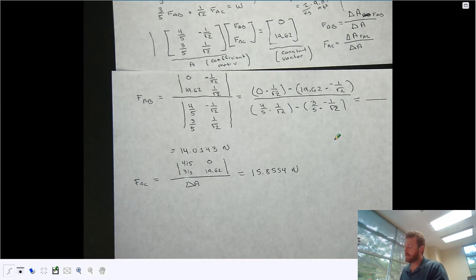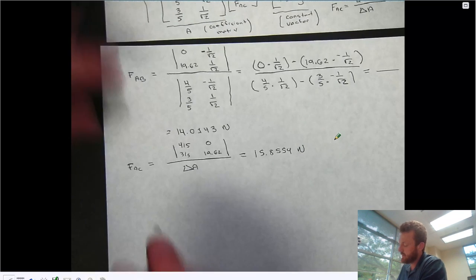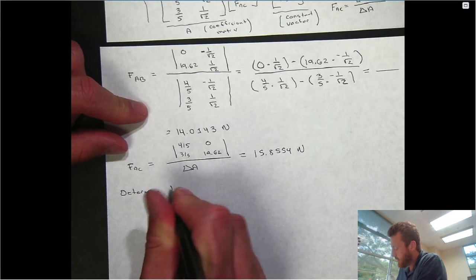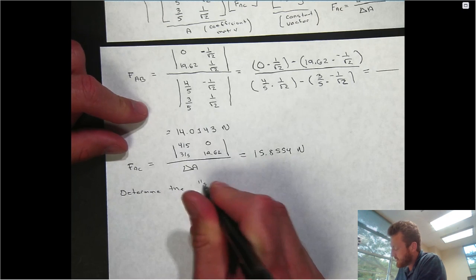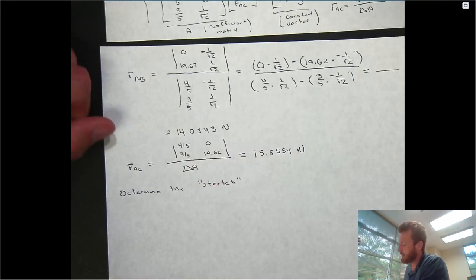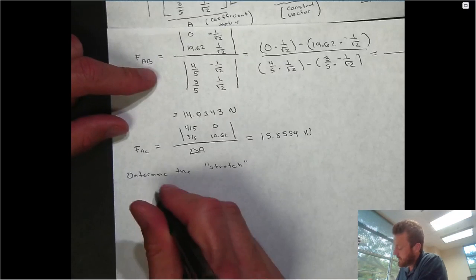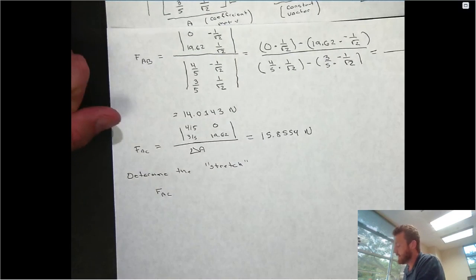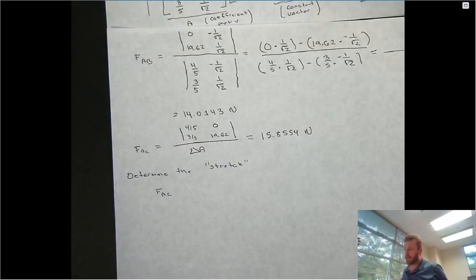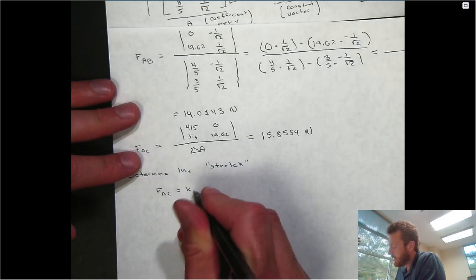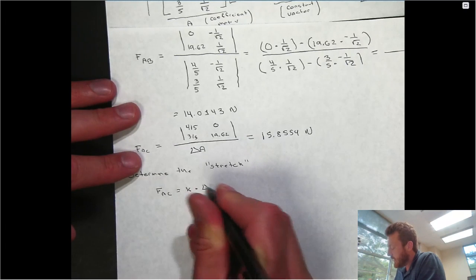So the final step is, now that I know each of those forces, we'll actually determine what the book is calling the stretch, but really it's the displacement of each of those springs from equilibrium. So let's start with FAC, or let's start with the spring connected between points A and C. Remember that if that spring is in tension by this amount, then I can compute the displacement, which will be along the direction of the spring.